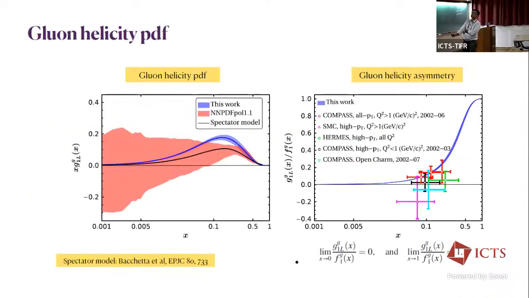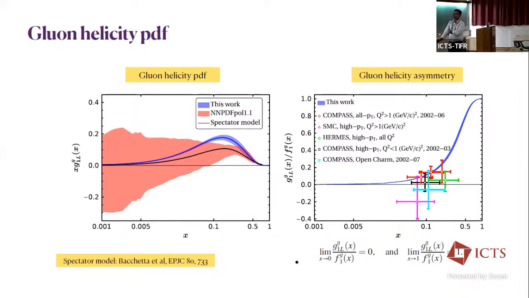So here we actually show this gluon helicity PDF. In this case, you can see that the gluon helicity PDF has a lot of uncertainty even from this NNPDF data. And our model actually overshoots in this region.